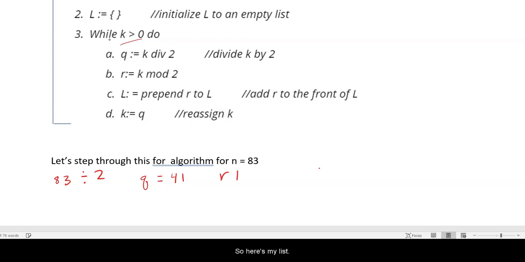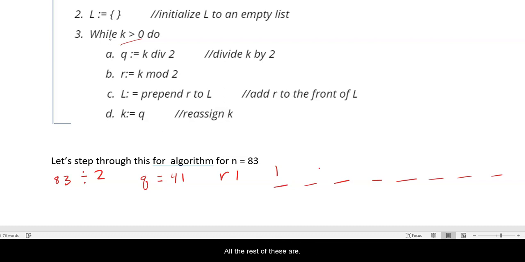So here's my list L. I don't remember how many digits I needed, but I add it to the front. Right now the front really is where I prepend it, so I would put it here. But every time I add a number, I'm going to move it down. Maybe I was premature in writing all those spaces, but I'm going to put a 1 there.